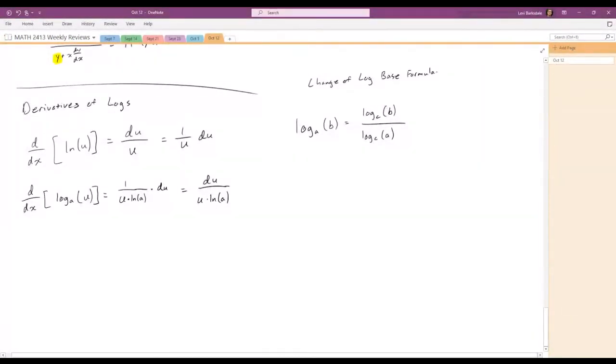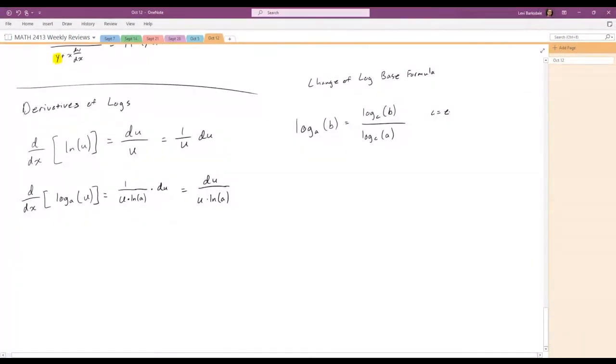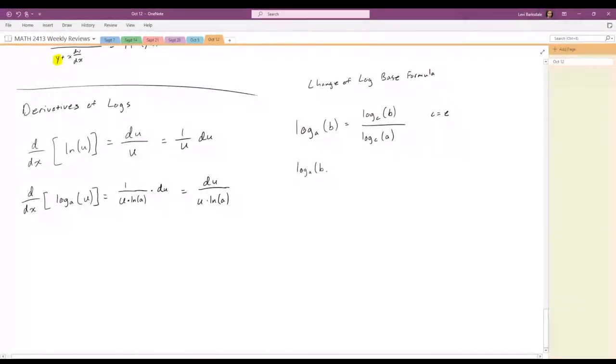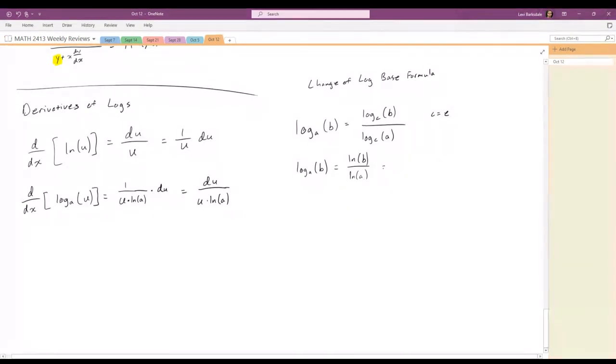And in order to get our derivative rule, what we can say is that we can just let c be equal to our natural constant e. In that case, we get that log base a of b, well, log base e is just the natural log. So it is the natural log of b divided by the natural log of a. Well, since a is a constant, the natural log of a is just a constant.